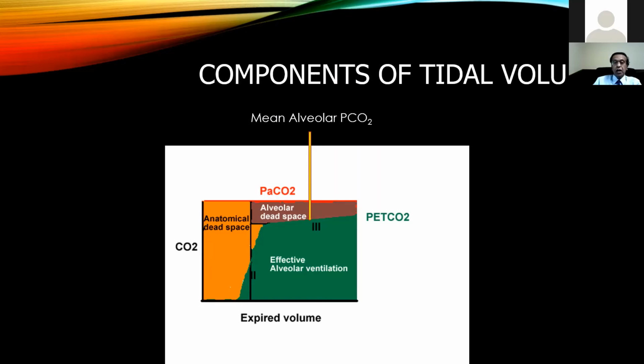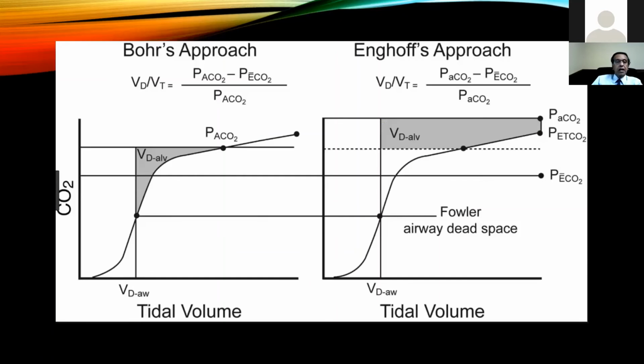And therefore, now we are in a position to determine the original Bohr's physiological dead space breath to breath during ventilation. Since Bohr's approach uses the alveolar PCO2, it is slightly smaller than Enghoff's approach, because it uses PaCO2. The arterial CO2 not only takes into effect the dead space, but effectively it takes into effect the shunt fraction also.